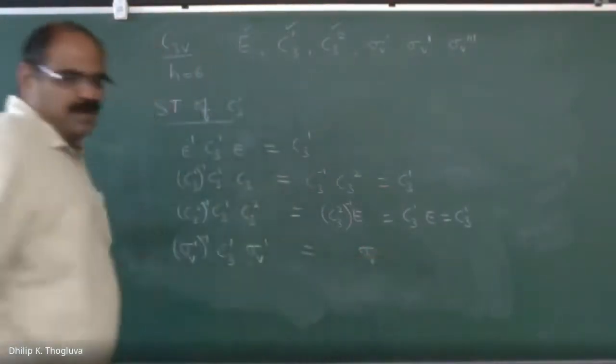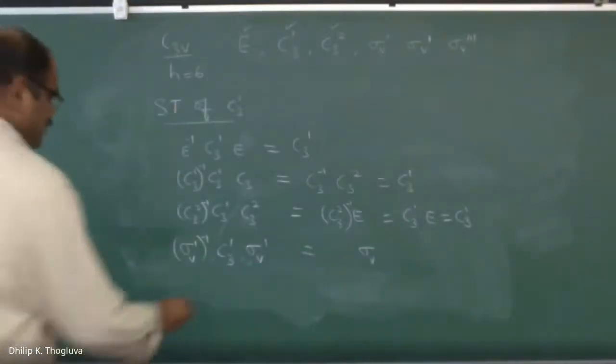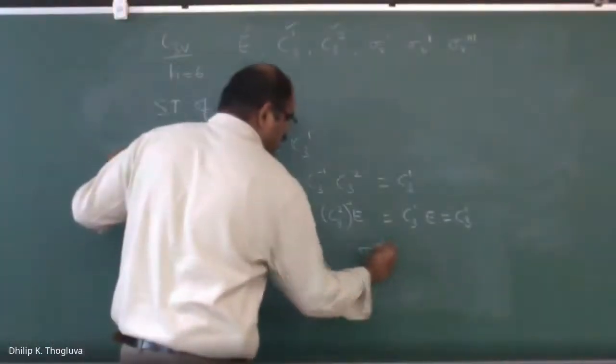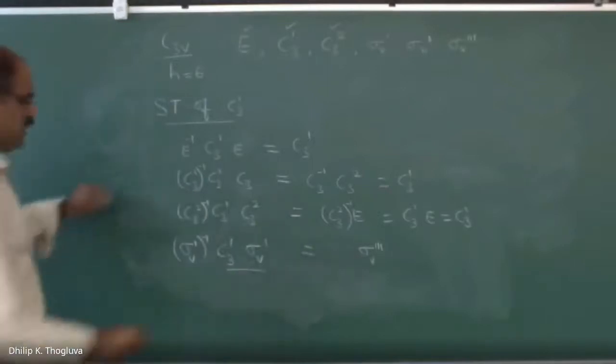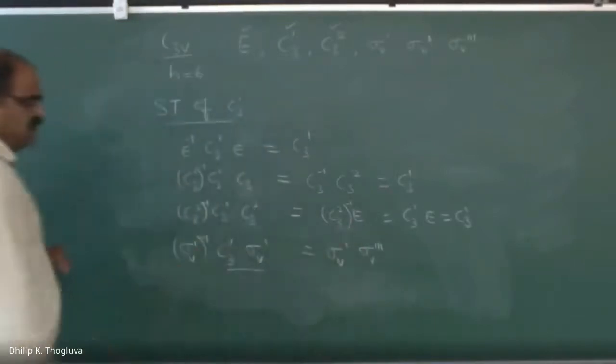You have to see the group multiplication table. Can you tell me what these two operations are? σv' and C3¹. So it's σv'''. σv''' multiplied by again σv', because both are the same, inverse and this one.